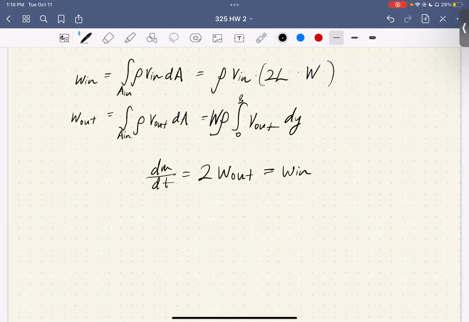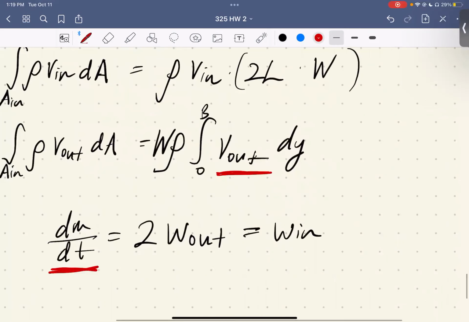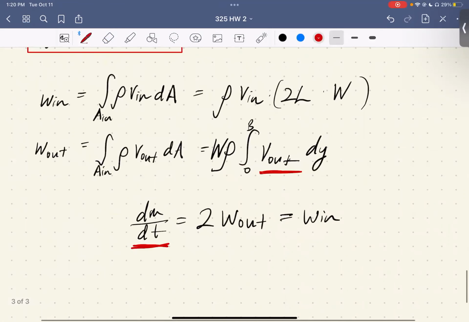And it's really important because we want to find v out. That is our goal. We also want to find dm/dt. So it's really important that we're using the conservation of mass to first find what we do know, and then relating whatever we can to find what the question is actually asking for. So let's just go on with this. So we know this relation.